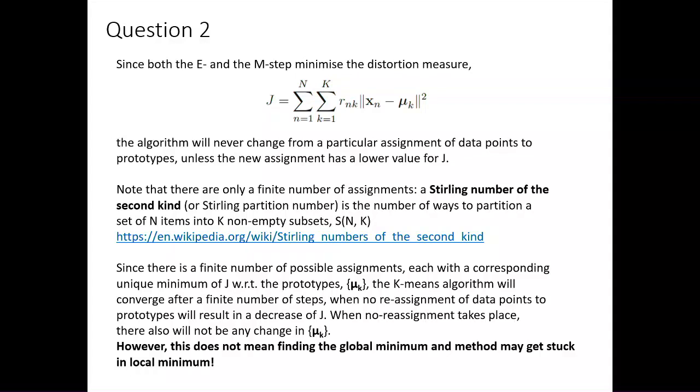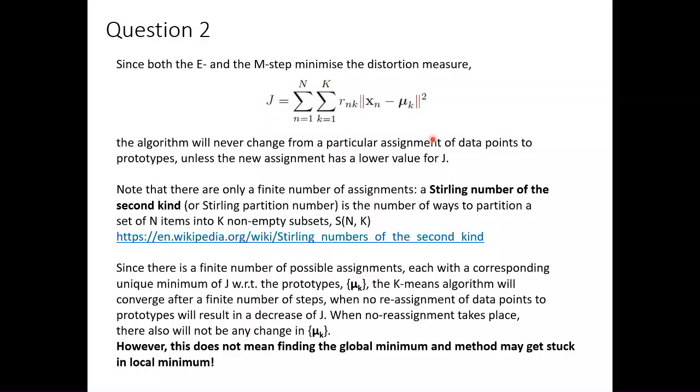So this is the cost function, just to keep it in front of us, right? The main thing to realize is the algorithm will never change from a particular assignment of data points to the prototypes, x to the mu_k through the r_nk mapping, unless there is a new assignment that has a lower value of J. So you will not go to an assignment that increases J, right?